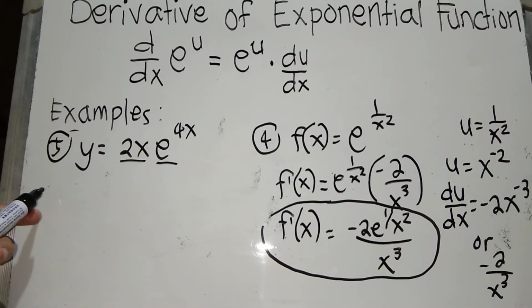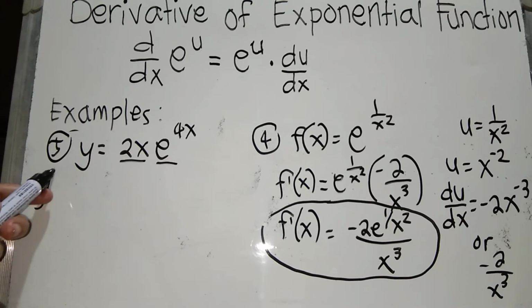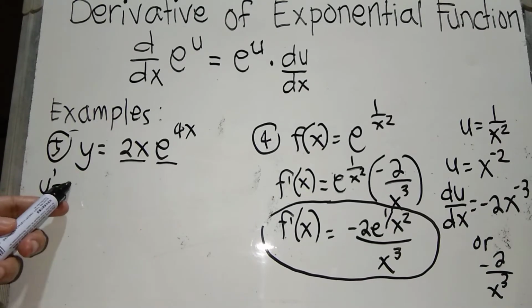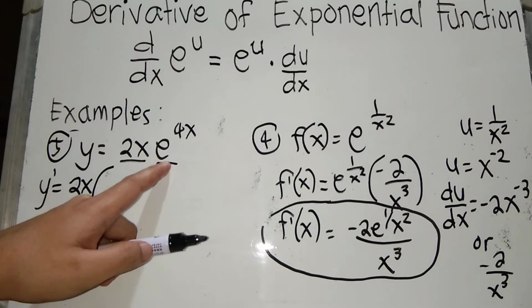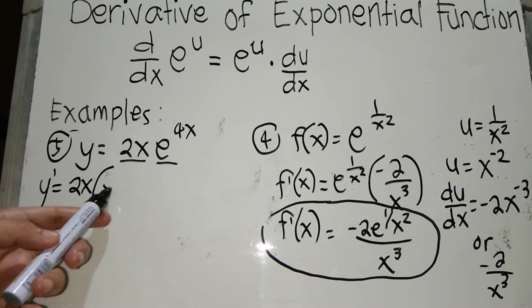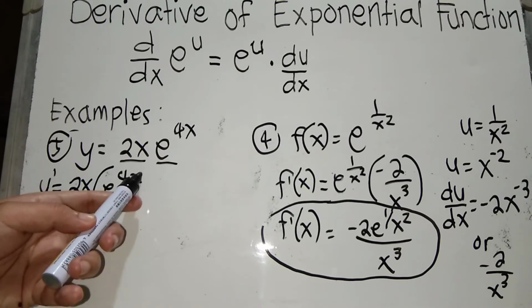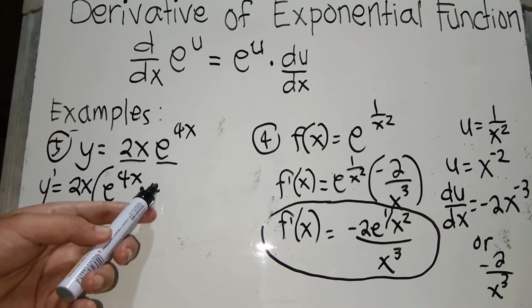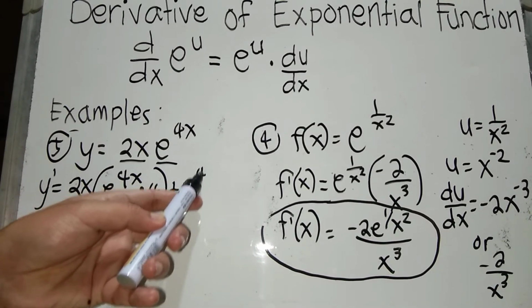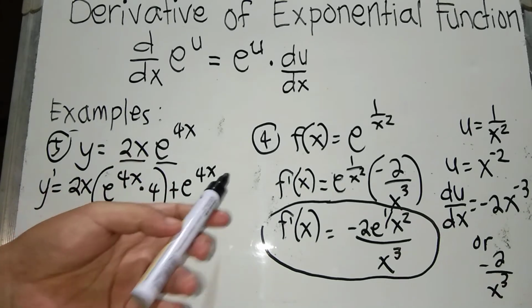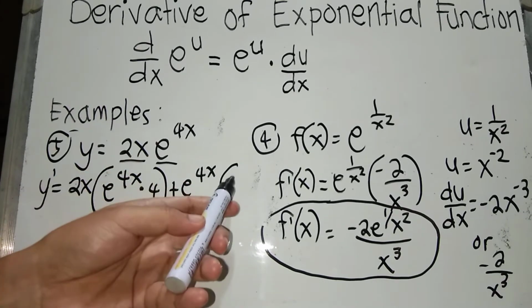Recalling product rule, in finding the derivative, all you have to do is to copy the first function, multiply that with the derivative of your second function, which is now e to the 4x times 4, plus copying the second function e to the 4x, and then multiply that with the derivative of 2x, which is 2.